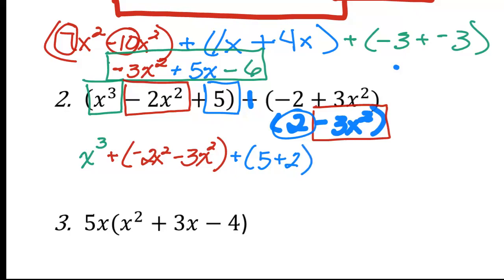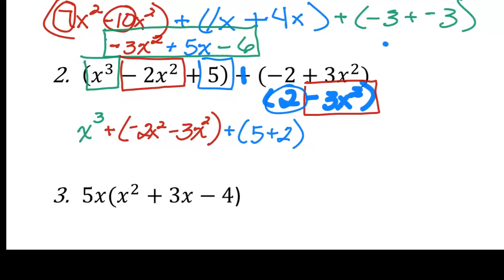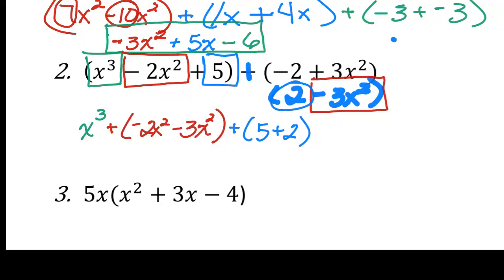Okay? So if I simplify this, this is the only x to the third, and that's a 1. So I could say 1x to the third plus I have negative 2x squared minus 3x squared. What's that going to be, Crystal? Do you know?